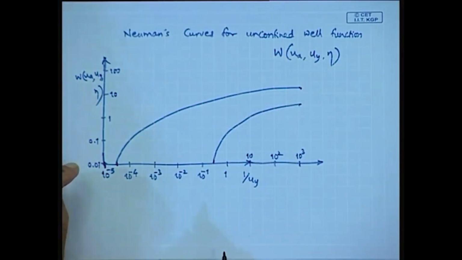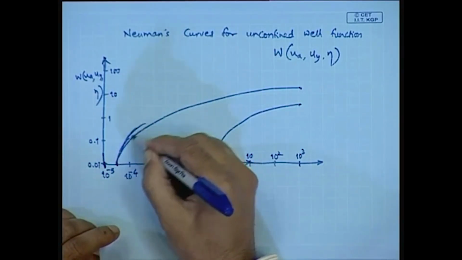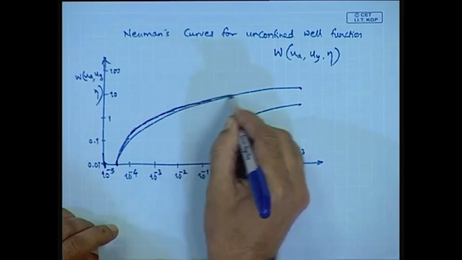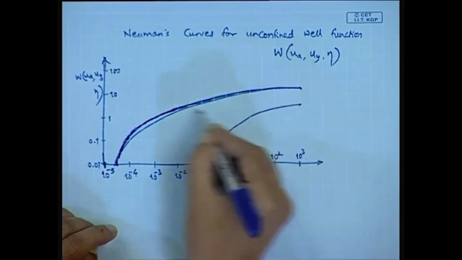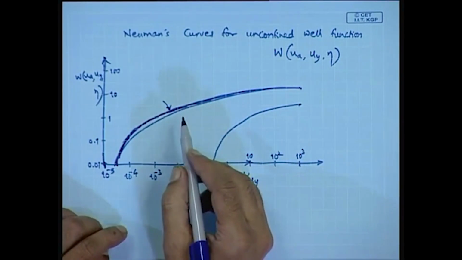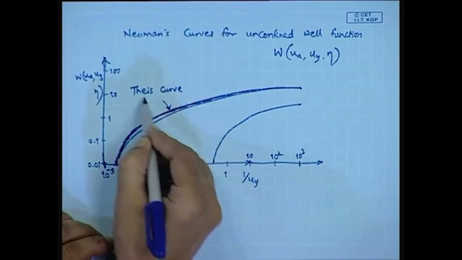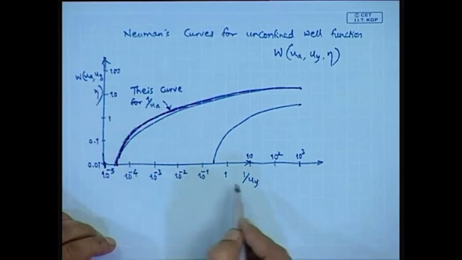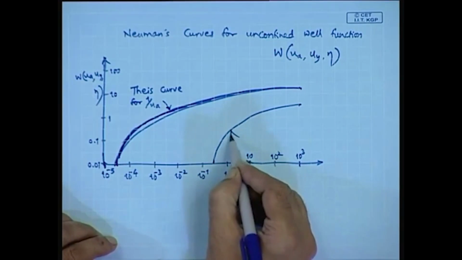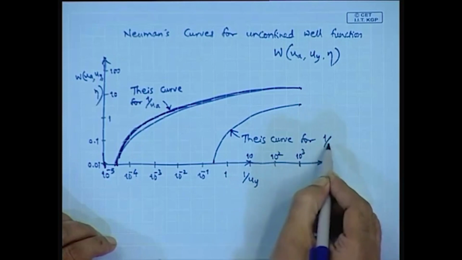So this is the Theis curve for 1 by ua, and this is the Theis curve for 1 by uy.